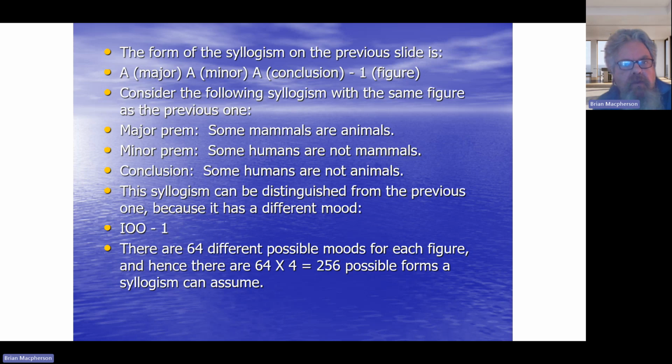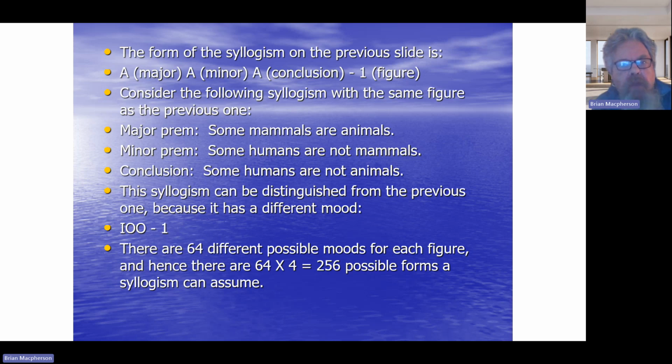Now consider the following syllogism. Some mammals are animals, some humans are not mammals, some humans are not animals. We see that the word mammal is again a diagonal configured towards my left, and so it is a figure one syllogism.